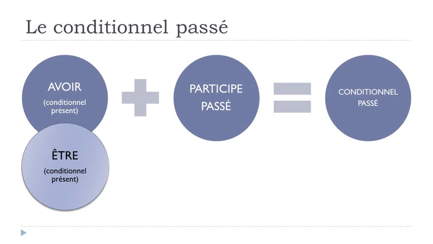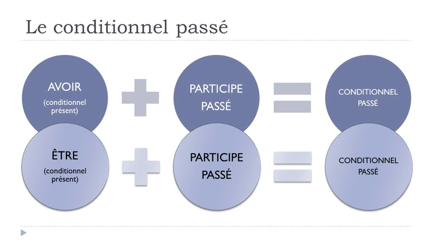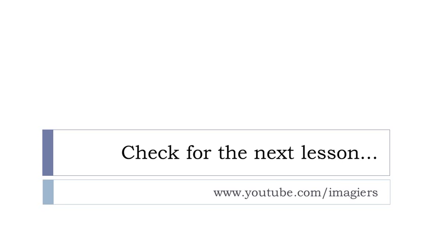In some exceptions, so we saw the list of verbs, you should really try to remember them by heart. I know it's not easy, but try your best. And then the reflexive verbs, okay? So for these exceptions, we will use être at the conditional present form, then the participe passé, and it will give you this conditionnel passé form. Okay, I hope it was clear.